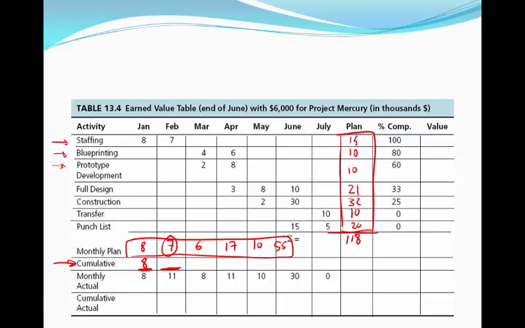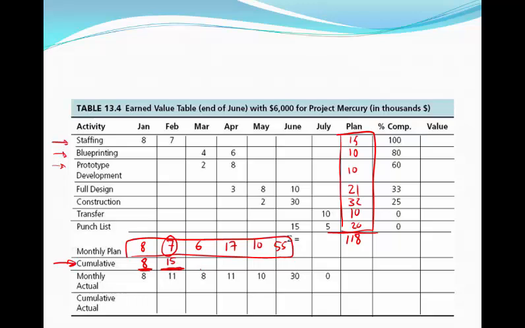So we're taking the 8,000 spent by the end of January, adding the 7,000 that we plan to spend in February, and that would give us a cumulative value of $15,000.